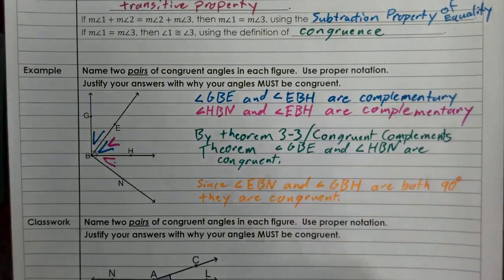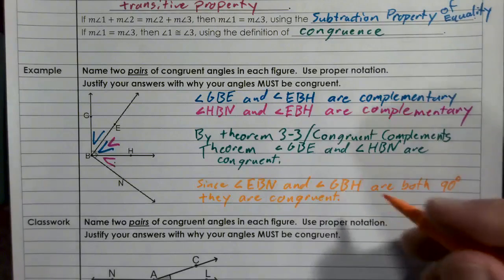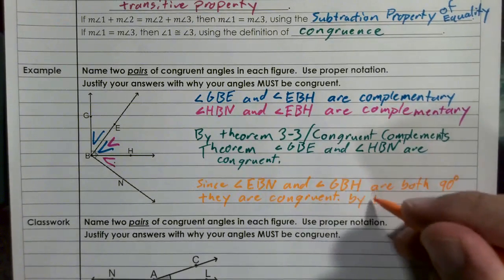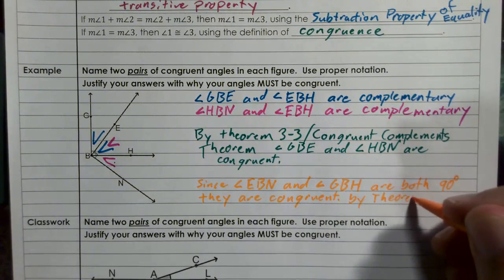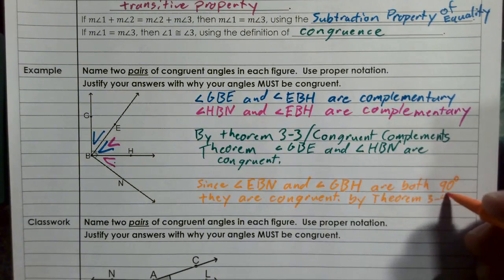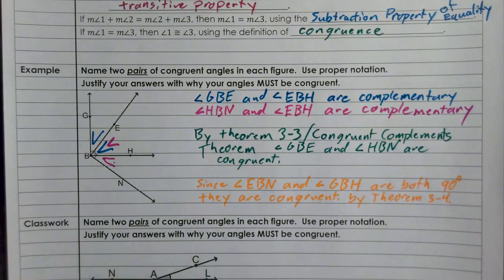And we're going to prove it in a second. It is theorem 3-4. And you could also say it by the thing we're about to see, where all right angles are congruent. So let's prove that now.